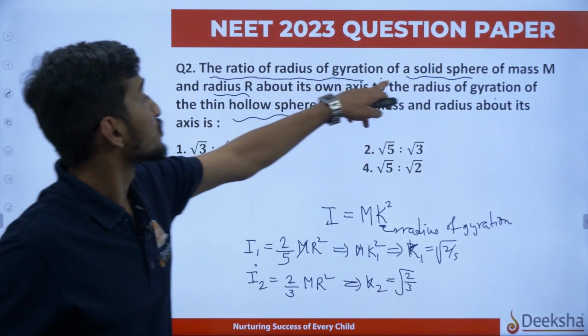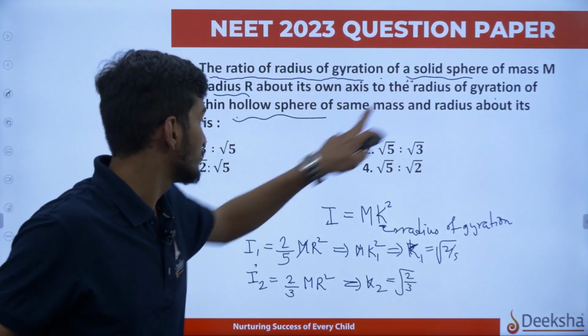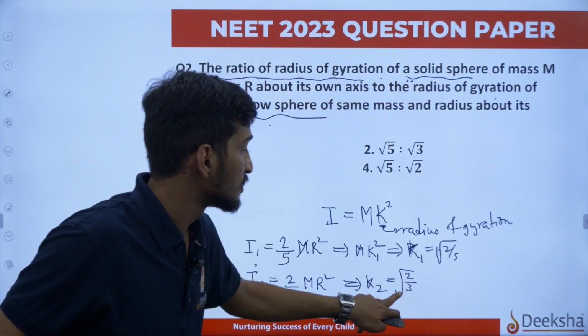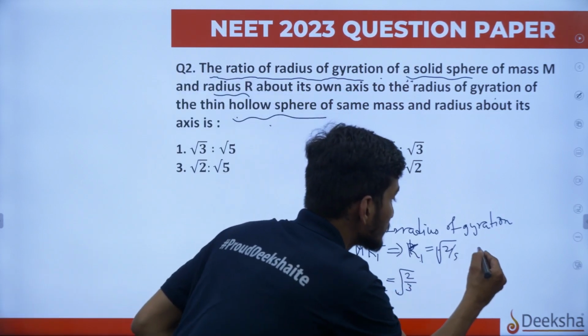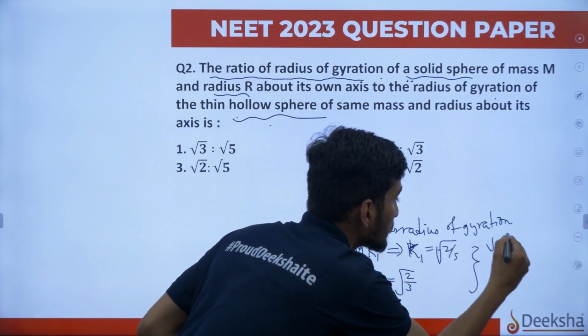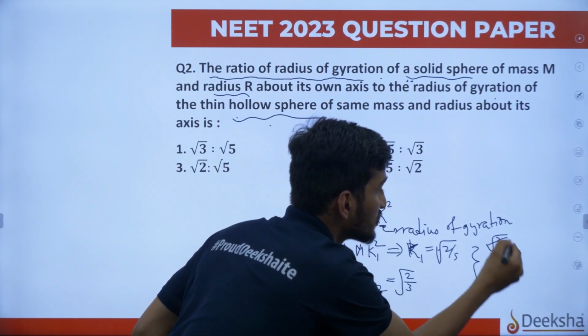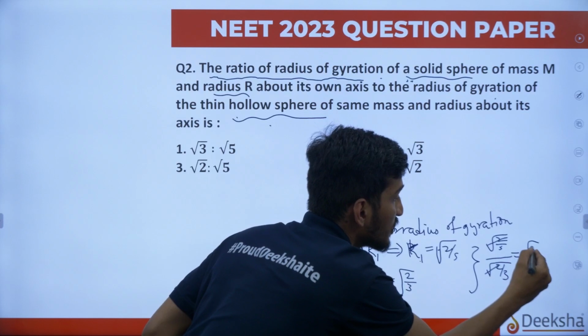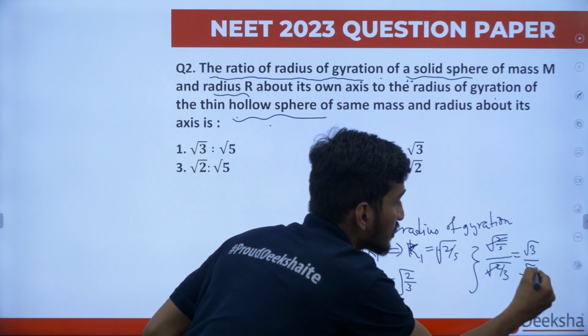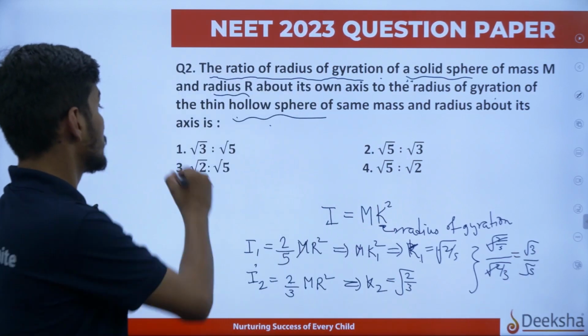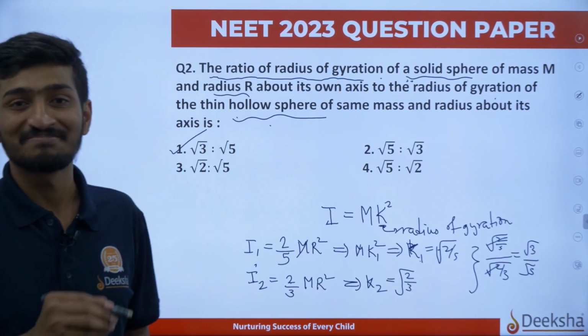Now if I take the ratio of solid to hollow, root 2 by 5 to root 2 by 3, root 2 cancels out, root 3 goes up, root 5 goes down, so root 3 by root 5, and that should be my answer, option number 1.